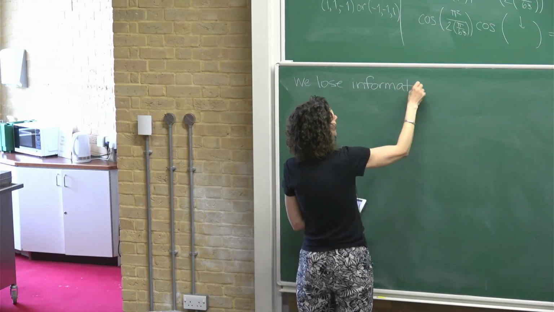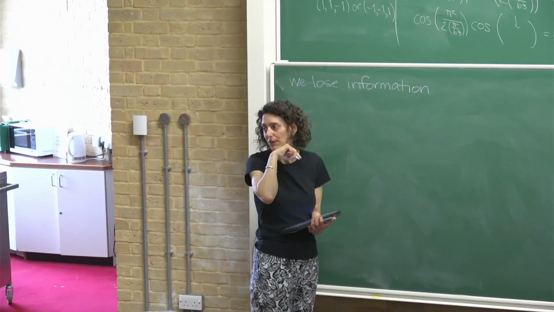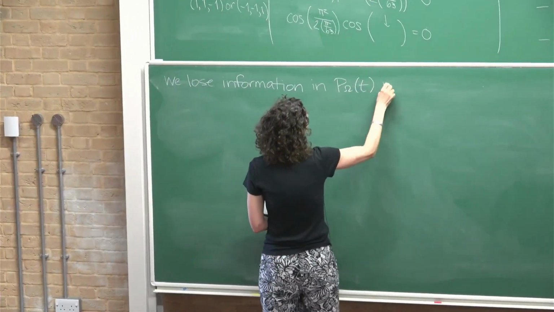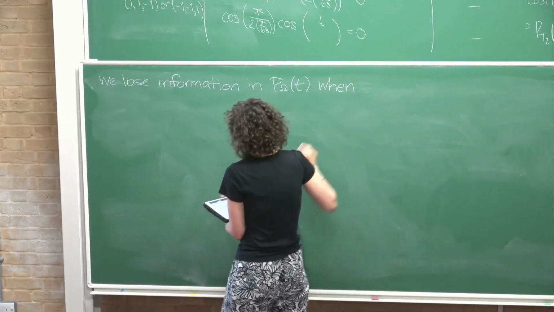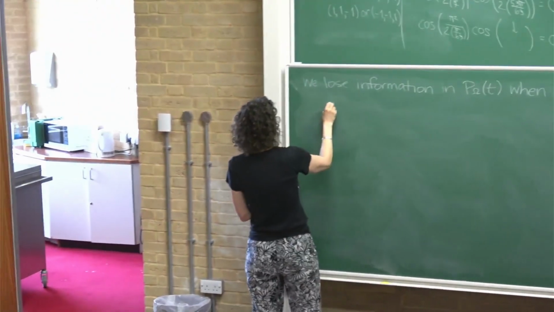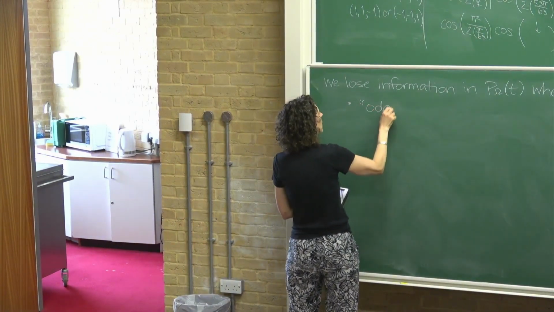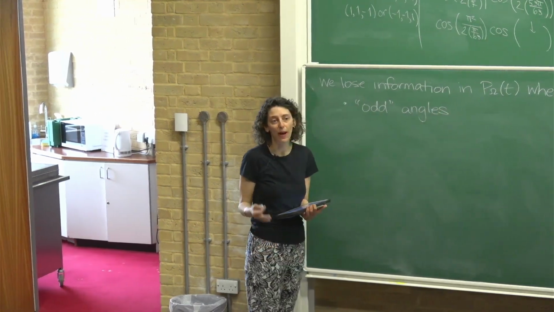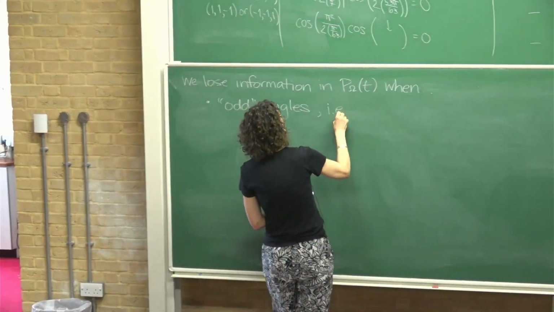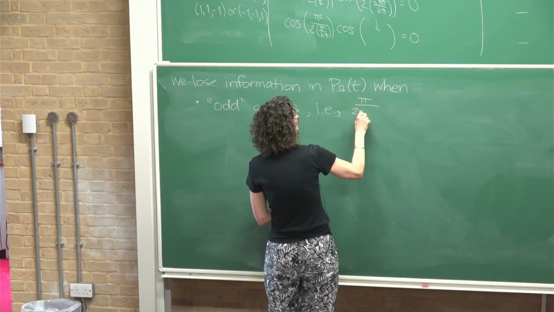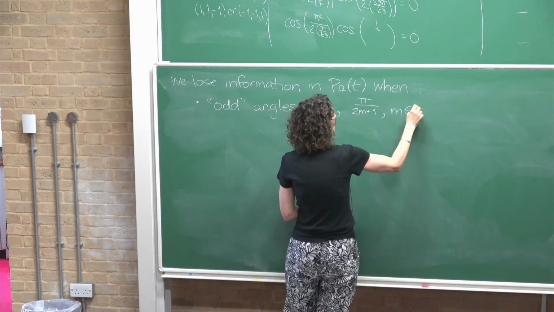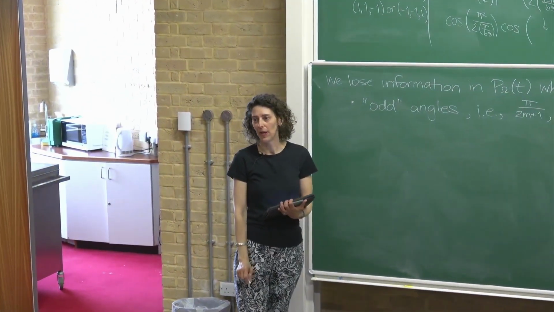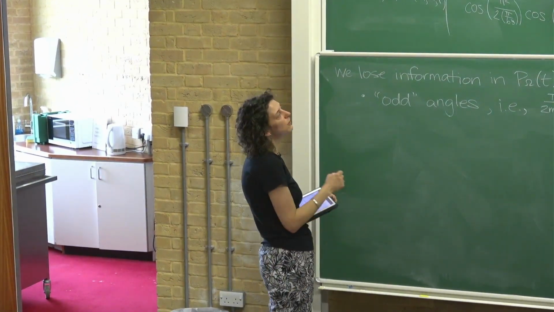what were we exploiting, right? You could tell I picked those angles really carefully. So we lose information in p omega of t. What you saw very clearly, I hope, in that example is when you have odd angles, which is angles of the form pi over 2m plus 1, where m is a positive integer. You would also lose information.